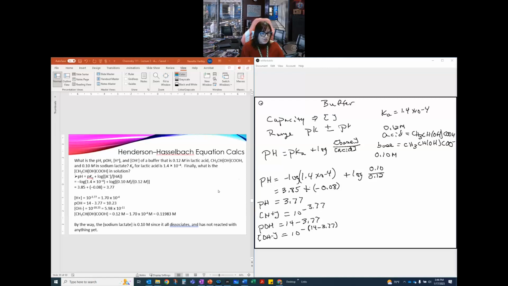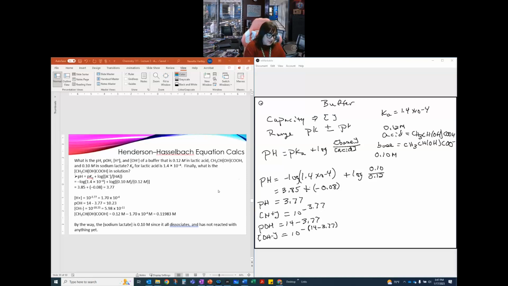Now, what's the concentration of the CH3CHOHCOOH? Well, I started with 0.12. I've taken out the 1.70 times 10 to the minus fourth, because that's how much has been converted in this process, because that's my H plus.